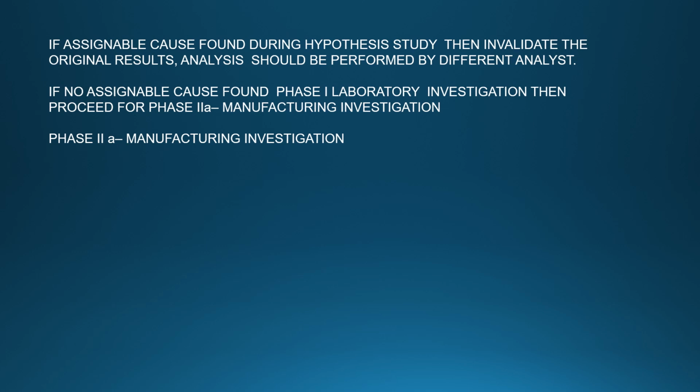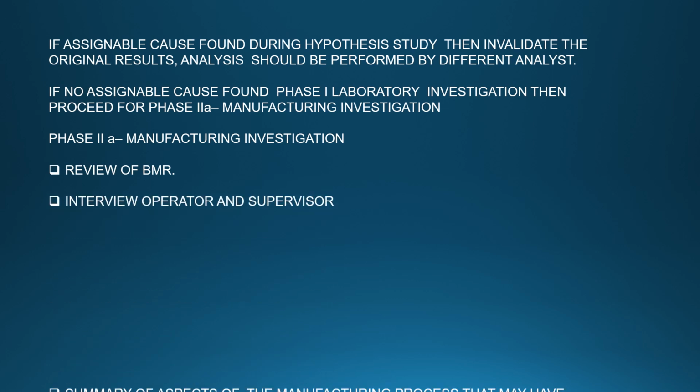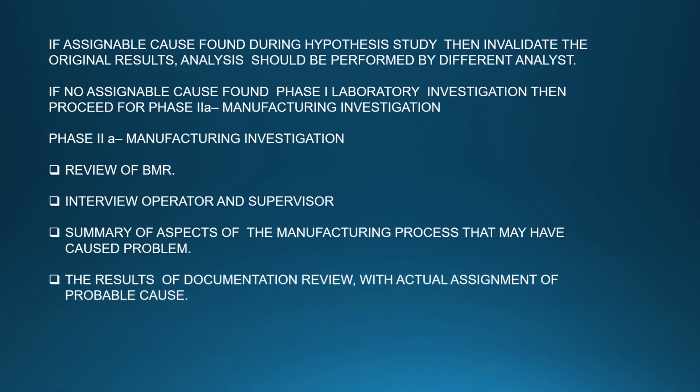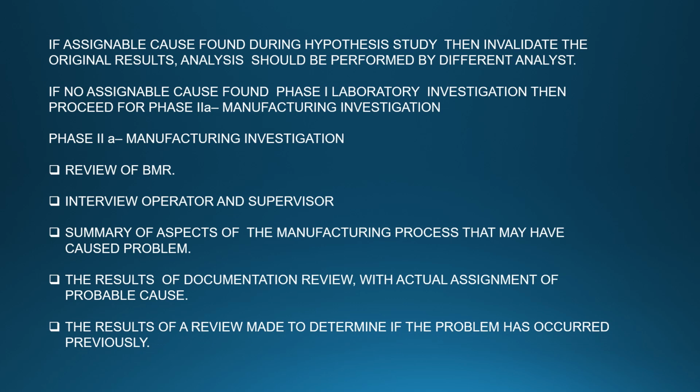Phase 2A manufacturing investigation includes review of the PMR, interview of the operator and supervisor, summary of aspects of the manufacturing process that may have caused the problem, results of the documentation review with actual assignment of probable cause, the results of a review made to determine if the problem has occurred previously, and description of corrective action taken.